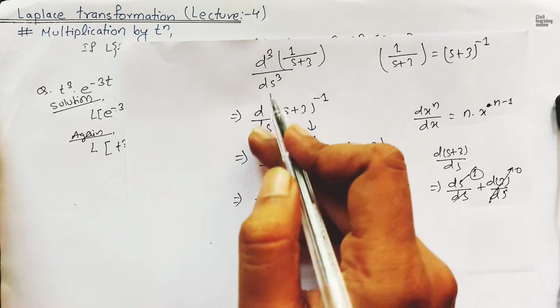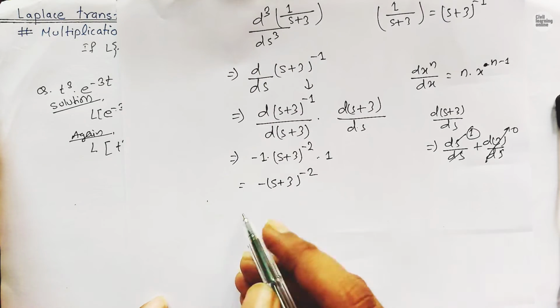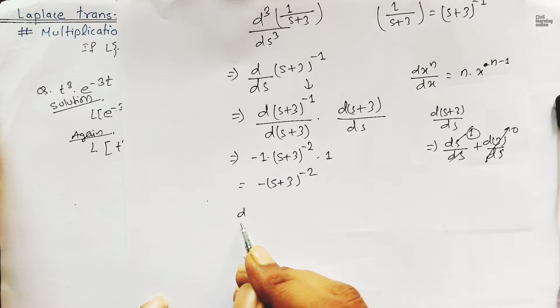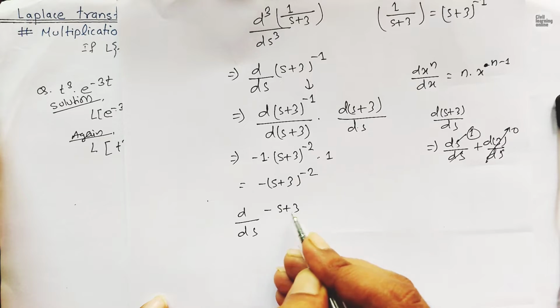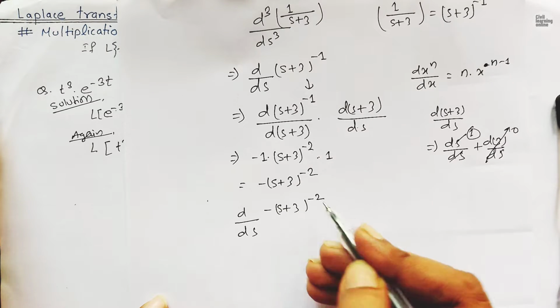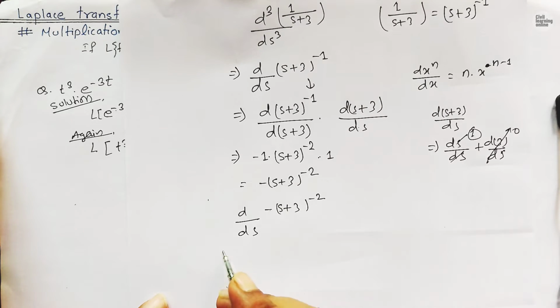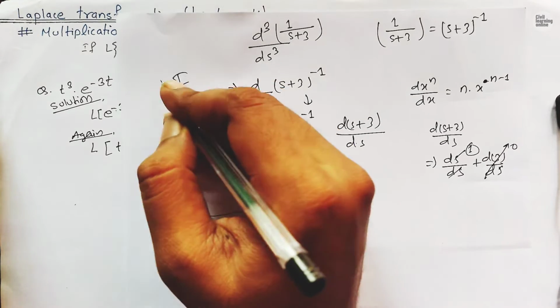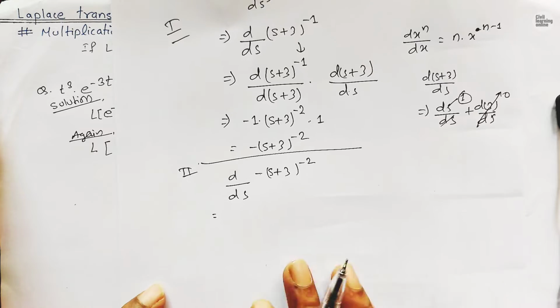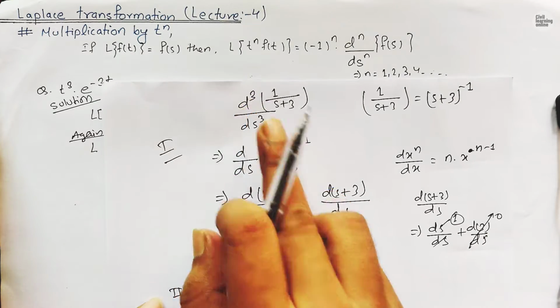Now we have to do the derivative a second time also. So doing the derivative the second time, we will have the derivative with respect to s of minus (s plus 3) to the power minus 2. We bring this minus sign out. This is the second derivative, and that was the first derivative. We need to do 3 derivatives because we have power 3.